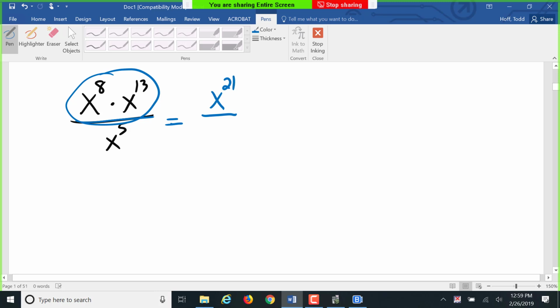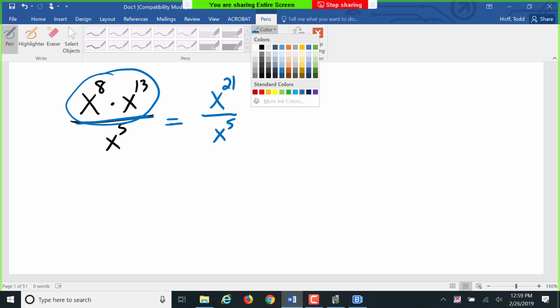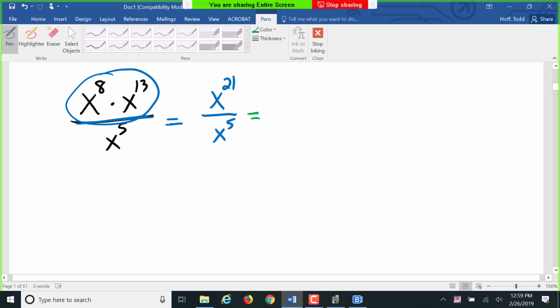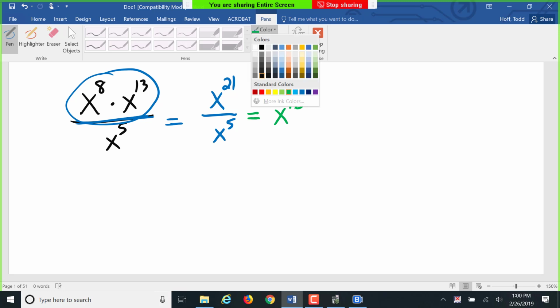Very good. Now if there's anything to do on bottom, we would have to do that next. In this case, there is not. It's just x to the 5th. Now we can divide x to the 21st divided by x to the 5th. X to the 16th. Very good.